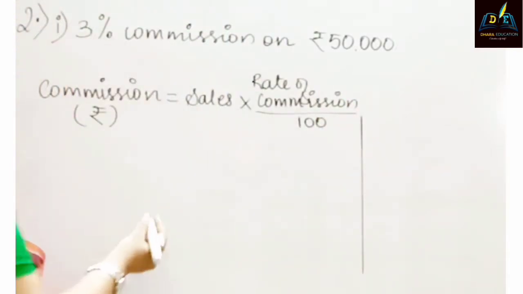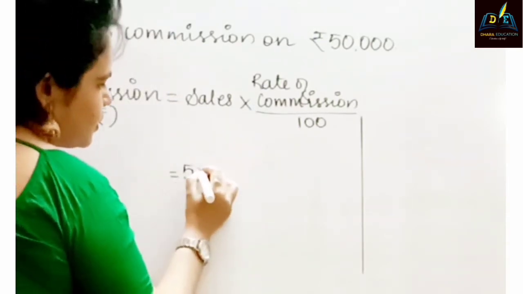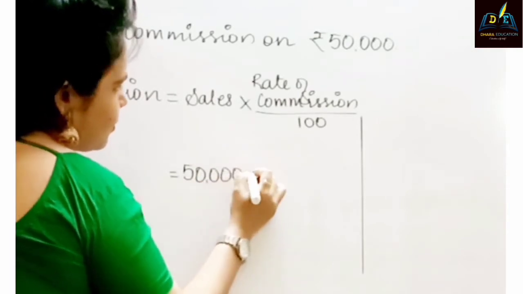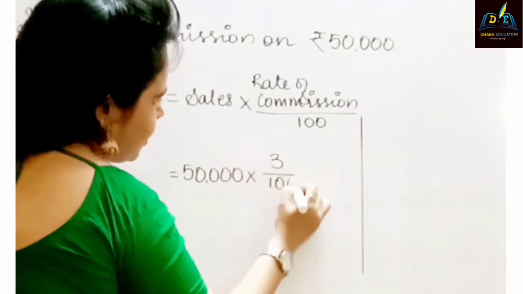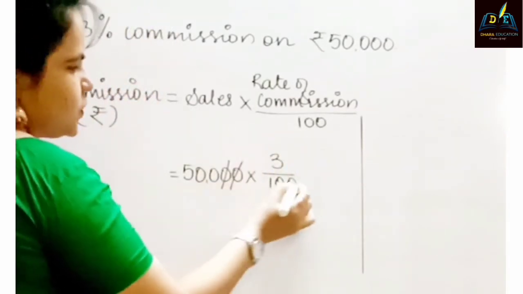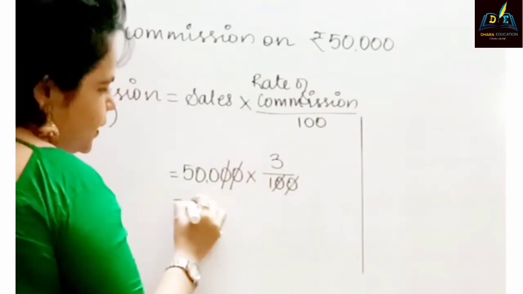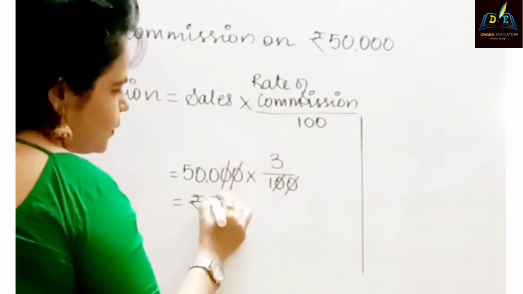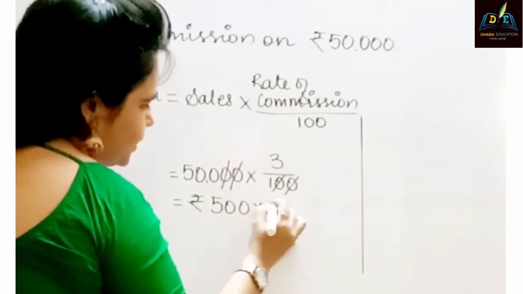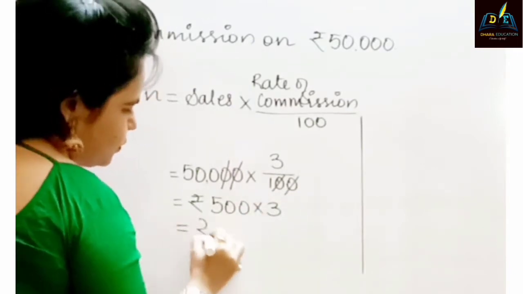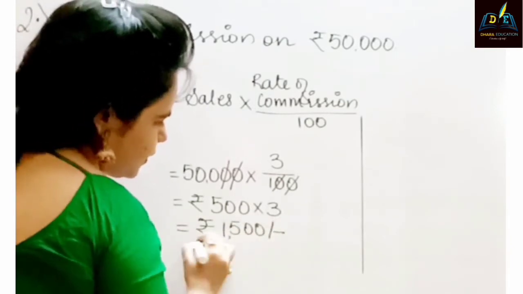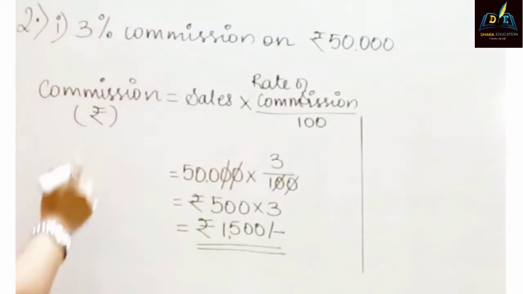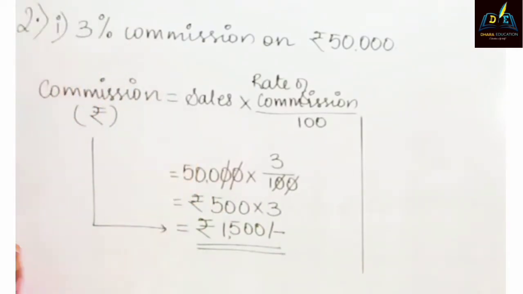So 50,000 multiplied by 3 upon 100. The zeros cancel. We get rupees 500 multiplied by 3, which gives rupees 1,500. So this is the first commission which he received.